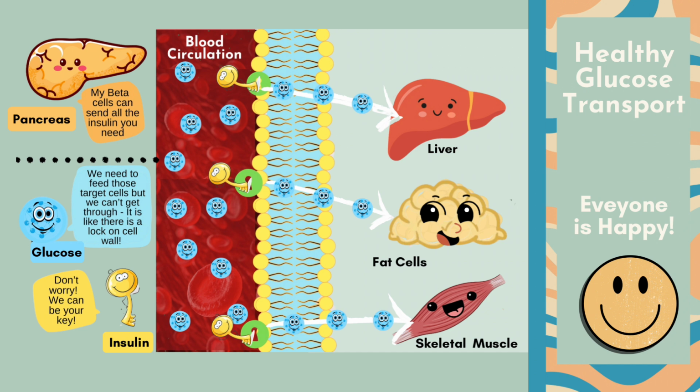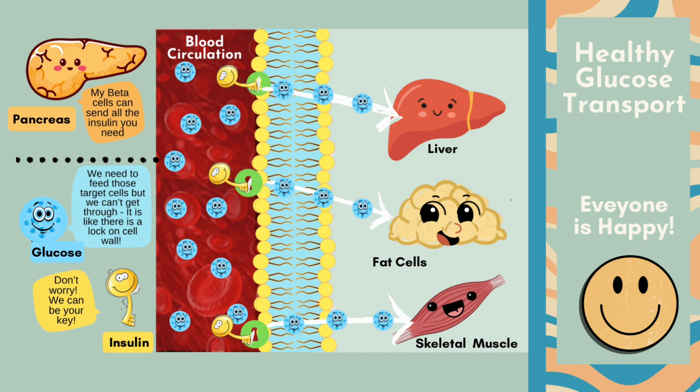That little yellow barrier has special spots that the insulin can attach to. And for all intents and purposes, it's like turning a key and opening a little section where glucose can go in. The glucose basically has to bind with that insulin to be able to get into the cells.